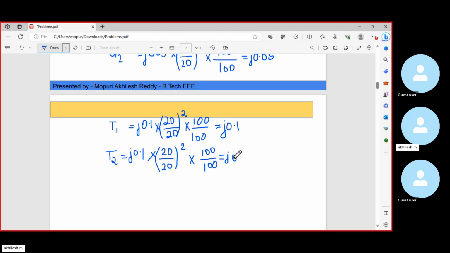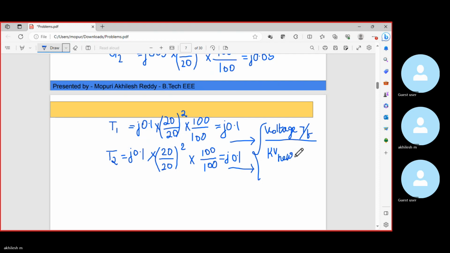I'm not going to repeat that. After voltage transformation, my new kV is 200 kV.